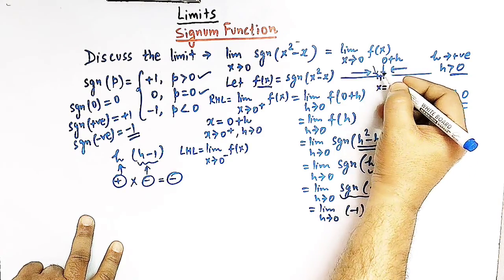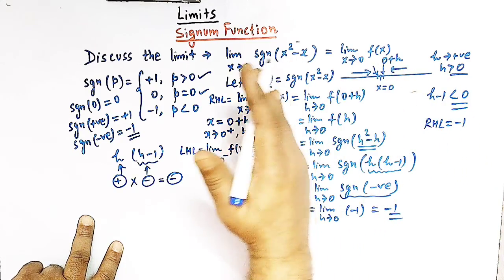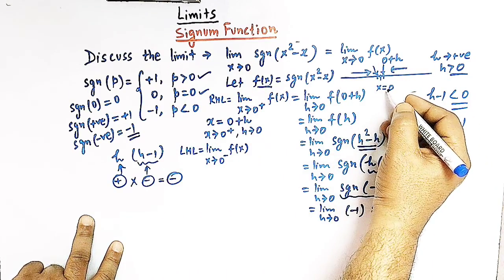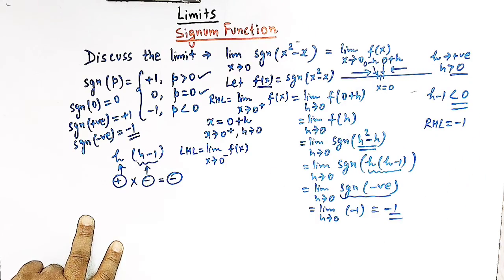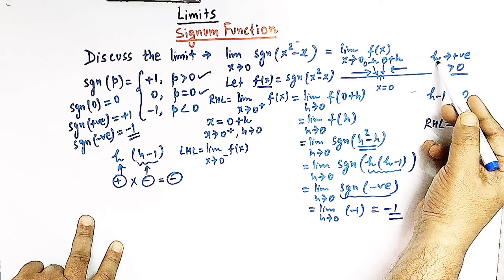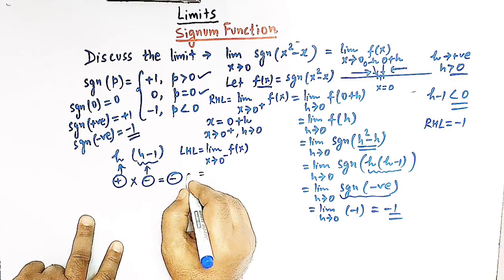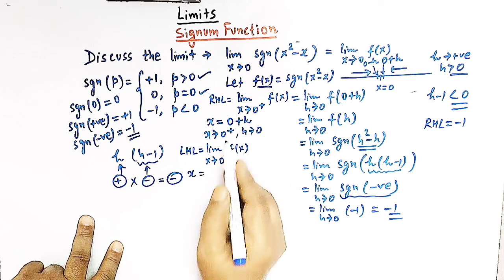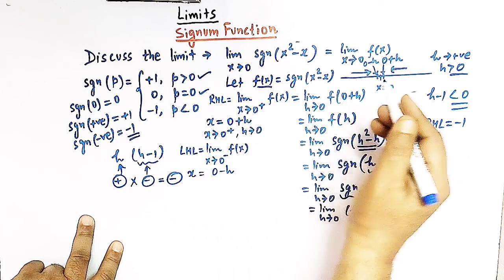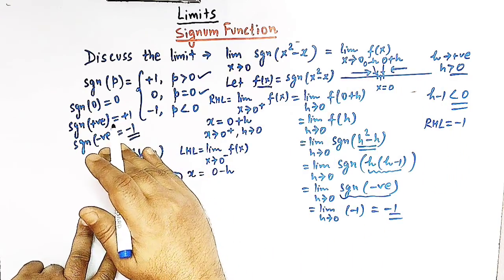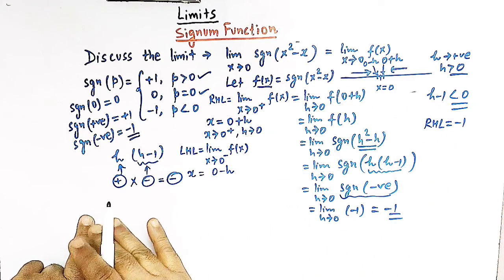So this point may be taken as 0 minus h, and here h is a positive quantity, right? So now we can take this substitution, x is equal to 0 minus h, because all the values of x which lie towards the left of x is equal to 0 are less than 0, right?